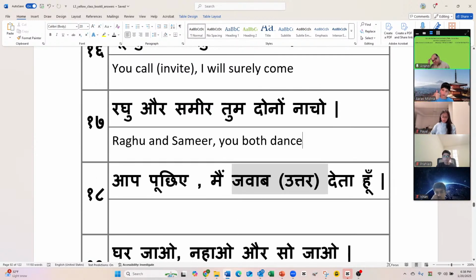Okay, Ishan, in this sentence, can you use tu instead of tum? Raghu और समीर, तू दोनों नाच. Can you say that? Raghu and Sameer, tu dono naach. Can you say tu dono naach?